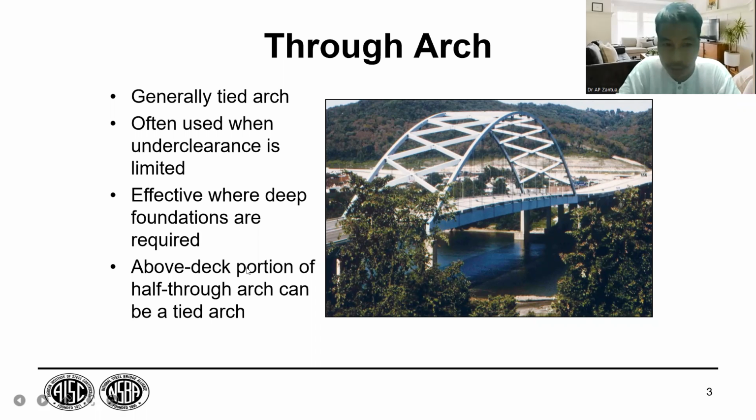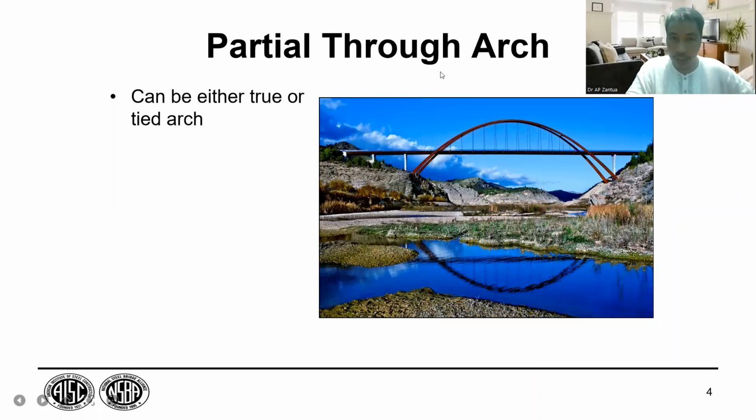Above deck portion of the half-through arch can be a tied arch. As you can see, it is a tied arch. Usually, if they use through arch, that is generally a tied arch. They are almost similar. Partial through arch can be either through or tied arch.